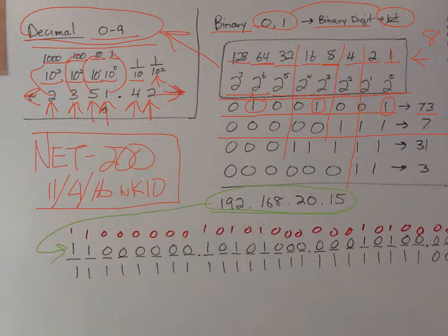And the way we did that, this is one group of 128, one group of 64, and 128 plus 64 is 192. And so we did it the same way, one group of 128, one group of 32, and so forth. Same thing here.